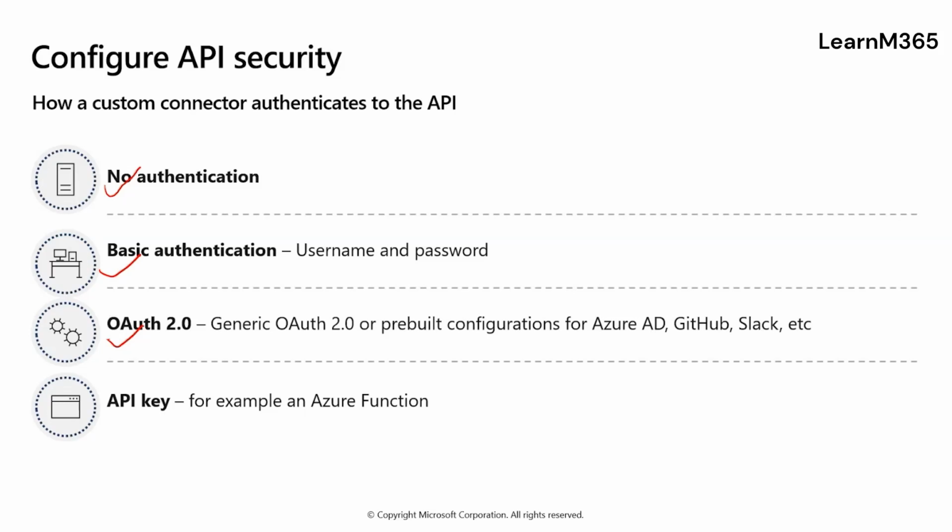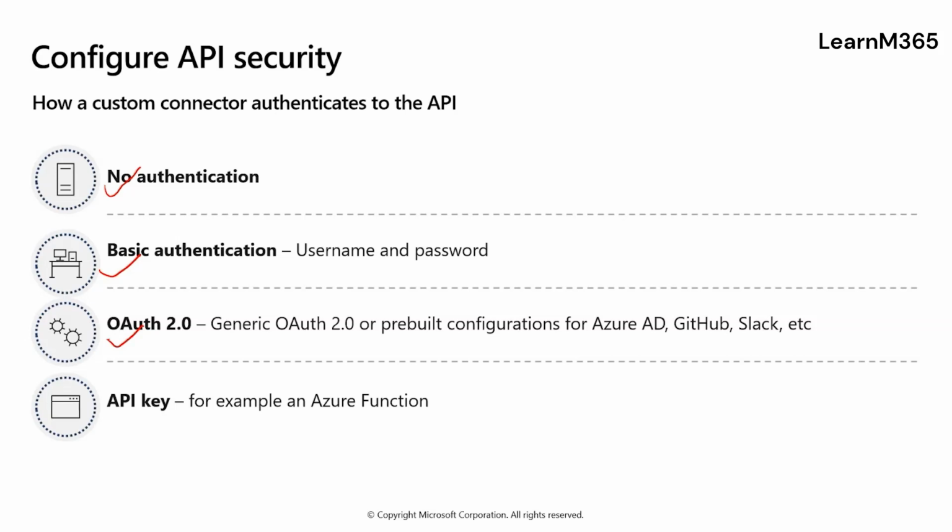Even pre-built configurations are available for you to select from Microsoft services like Azure Active Directory, GitHub, or Azure DevOps. Similar pre-built configurations are available for other services as well. The pre-built configuration simplifies what you need to provide to configure the identity provider.